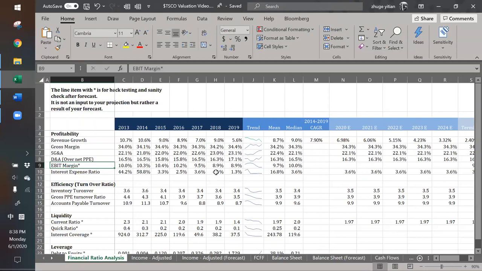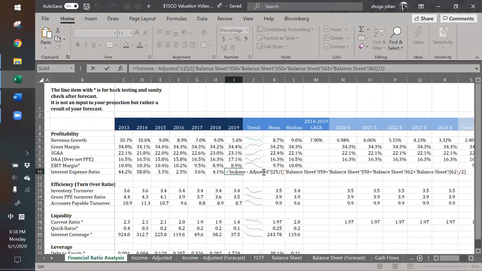Interest expense ratio. This is based on the income statement interest expense divided by the interest-bearing debt. We know there are two types of debt: one is interest-bearing, the other is non-interest-bearing.